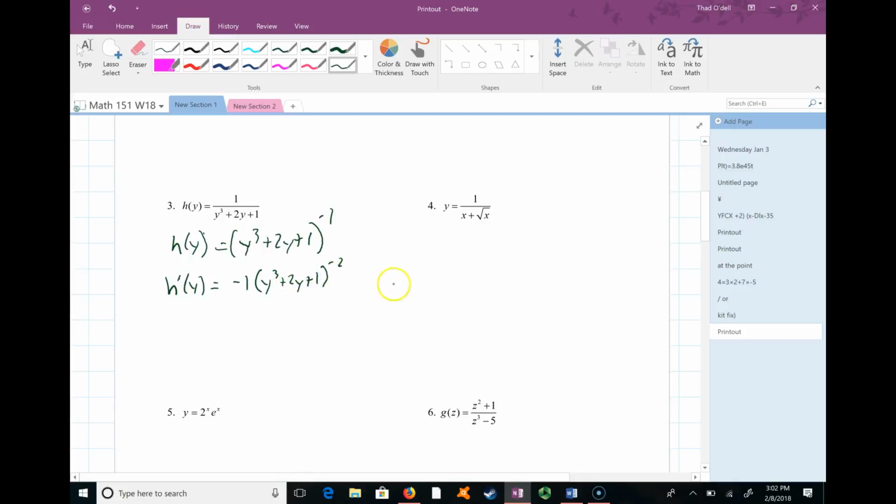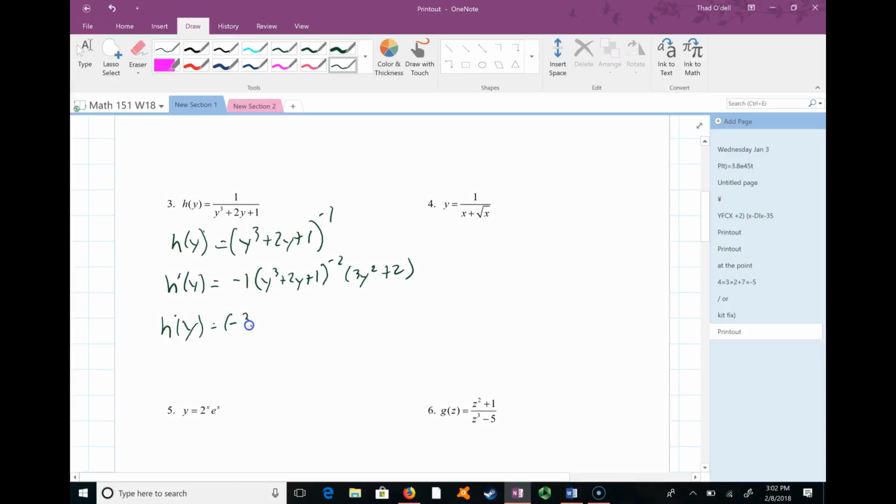Then I need to multiply on the outside by the derivative of that something. The derivative of this inside would be 3y squared plus 2. Just to make things clean, I would probably multiply the negative through there. So I'd have a negative 3y squared minus 2 times, oops, it's a funny looking 3, times the rest of this stuff.